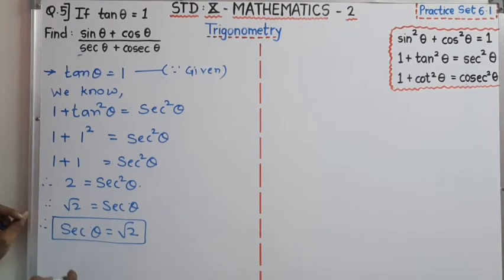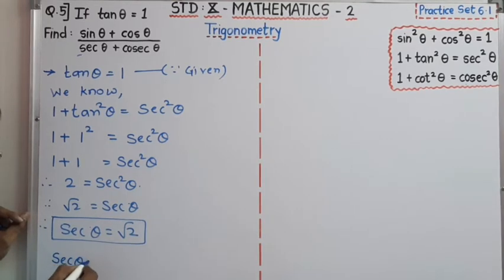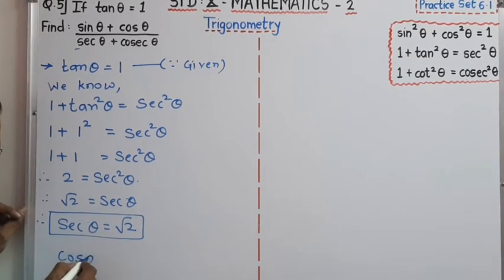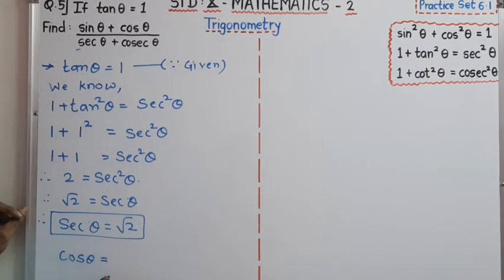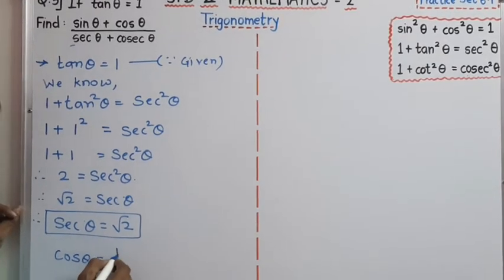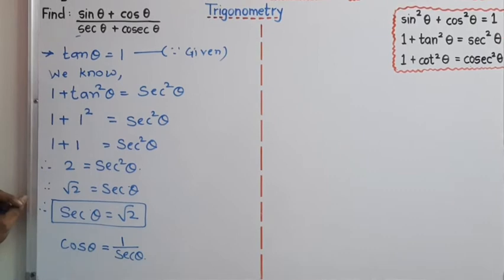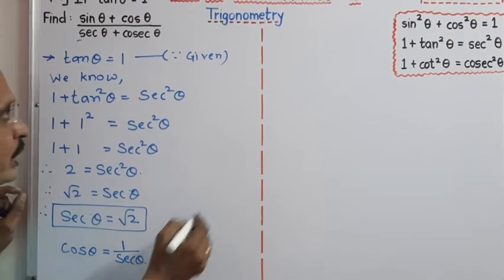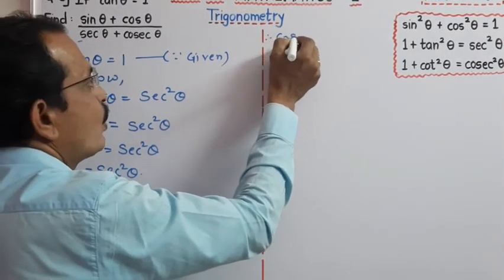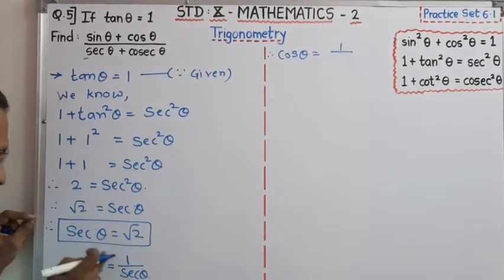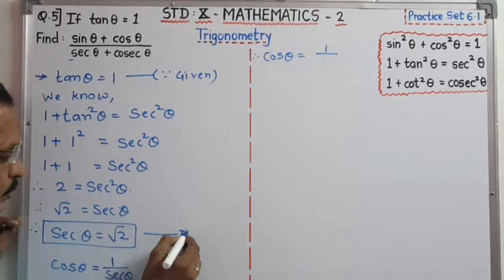Got it dear students? We require cos theta, therefore directly we can write cos theta is equal to 1 upon sec theta. This is the formula. Therefore we got cos theta is equal to 1 upon sec theta. What is sec theta? We can write here 1.